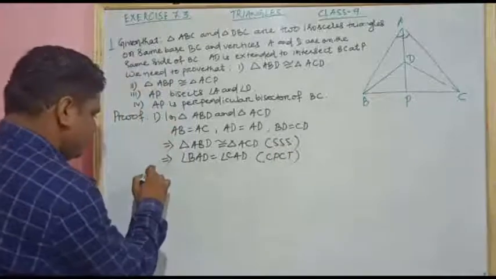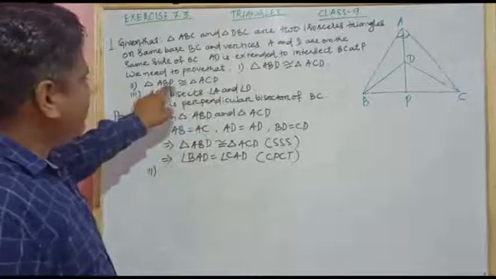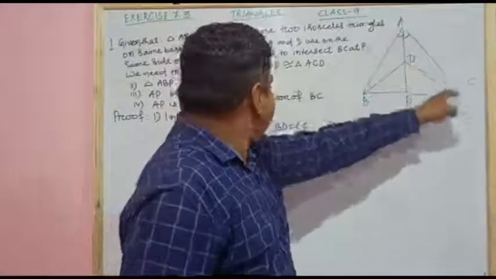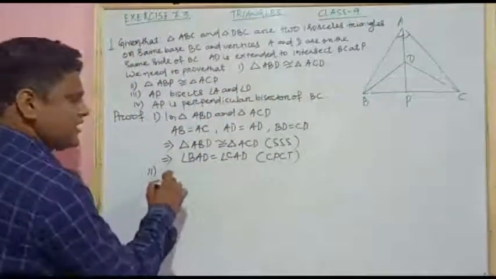Let's prove the second bit. The second bit is we have to prove triangle ABP and triangle ACP are congruent. Let's see what is equal between these two triangles.